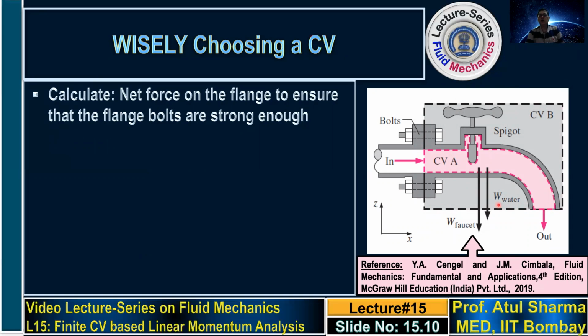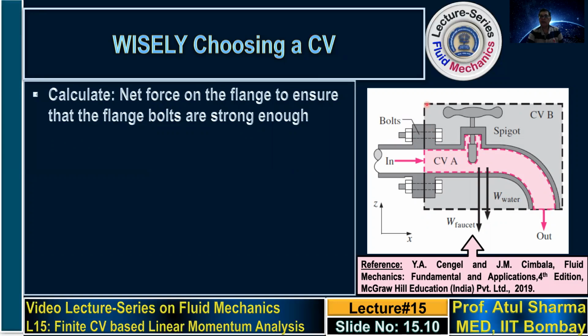If you compare the way they have been taken, control volume A basically constitutes only the fluid region. Note that this pink dotted line is not crossing any solid structures, so inside this control volume you have only fluid, no solid.